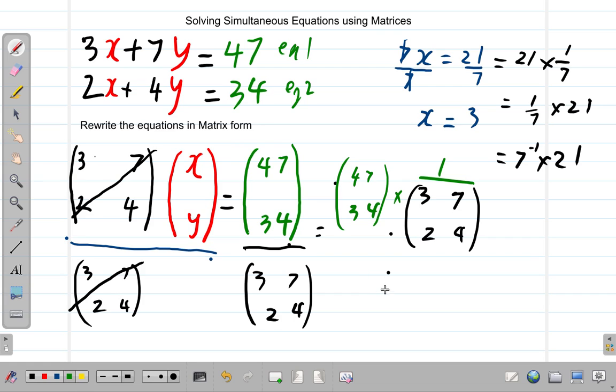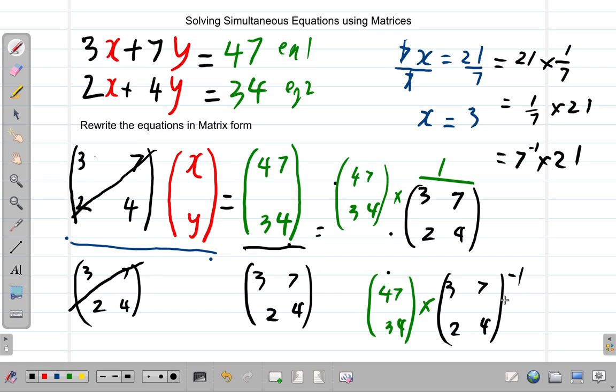I could further argue that it is like 47, 34 multiplied by the inverse of 3, 7, 2, 4.